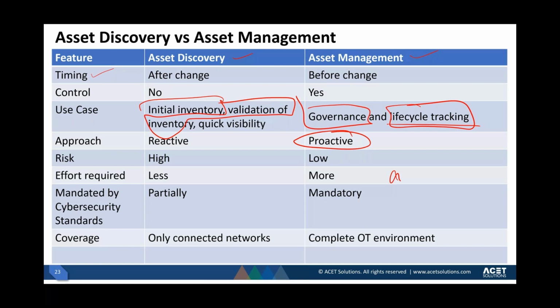This is a proactive approach: I have a network switch, an Ethernet switch, which will be end of life or end of support, let's say, in December of 2025. I'd like to ask my asset management system to give me a list of all the devices out there which will be end of support by the end of 2025. And then I can proactively plan.